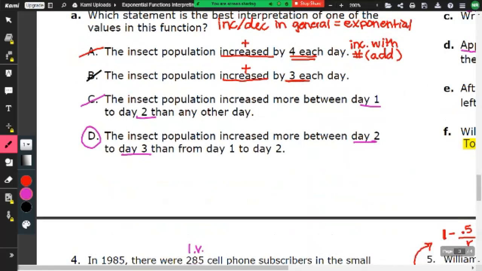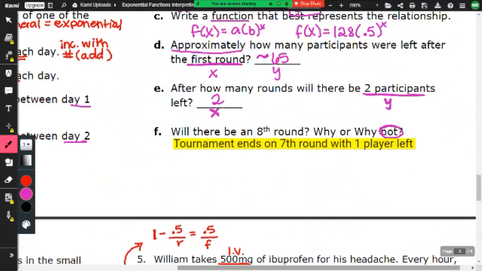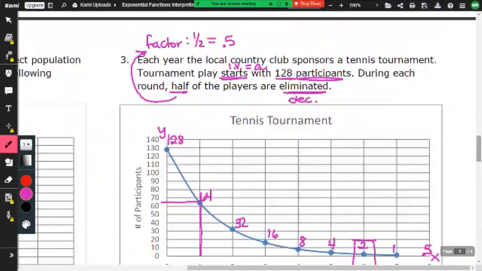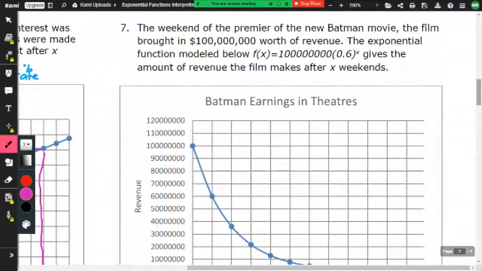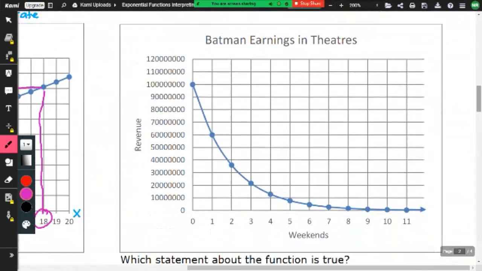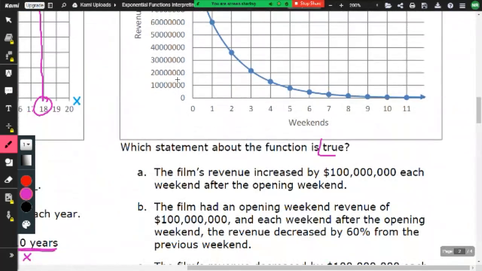All right, last one. The weekend of the premiere of the new Batman movie, the film brought in 100 million in revenue, exponential, underline exponential, and there's your equation. Which one of these statements is true?